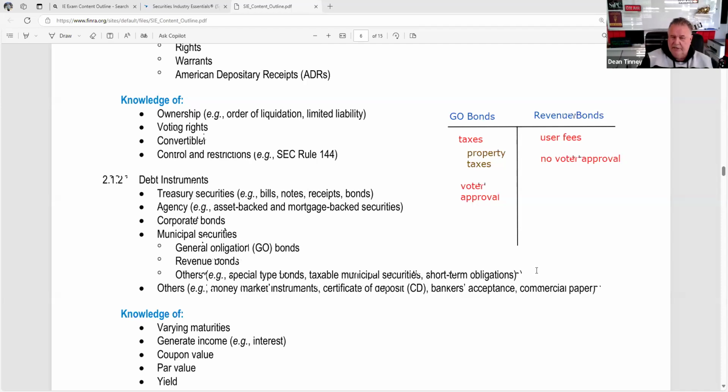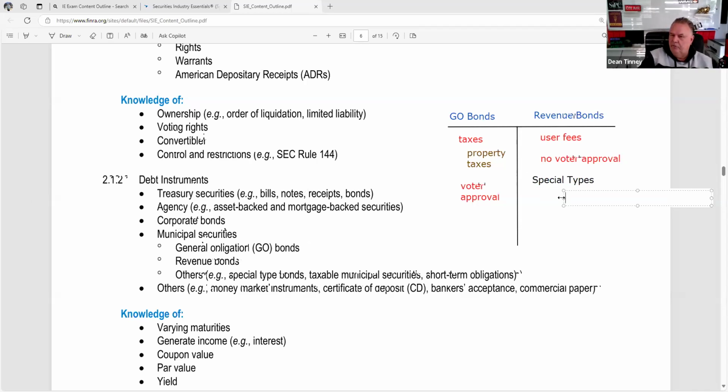Now here, as you can see in the content outline we're working our way through, it says special types of bonds. So the special types of bonds are going to fall on the revenue side. It's not a big deal, but we only have two types of muni bonds, and those are GOs and revenues, but we do have subcategories of these bonds.